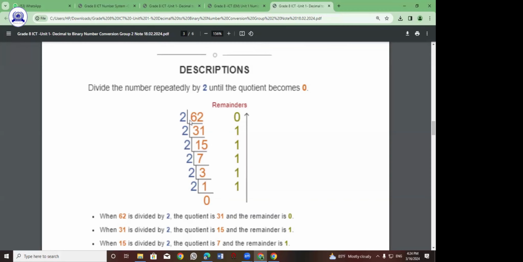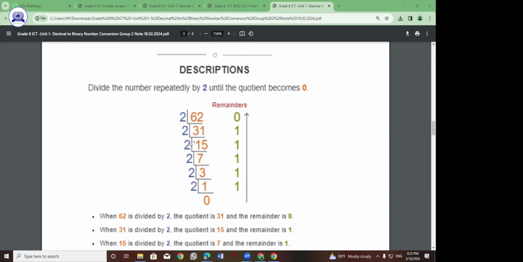So 2 into 3, 6, then 2 into 1, 0, but remainder there. Right? Then here we take 31 divided by 2, it is 15, remaining 1. The remainder you write in front of this.